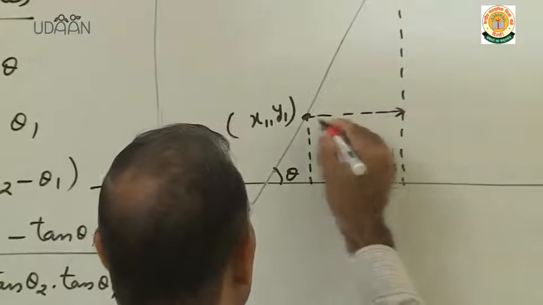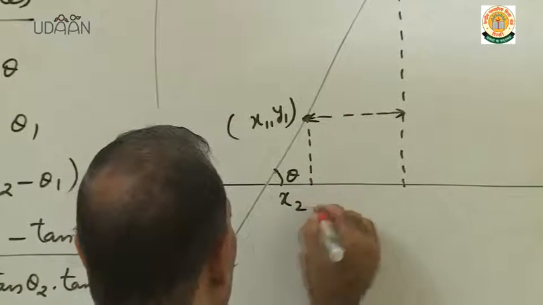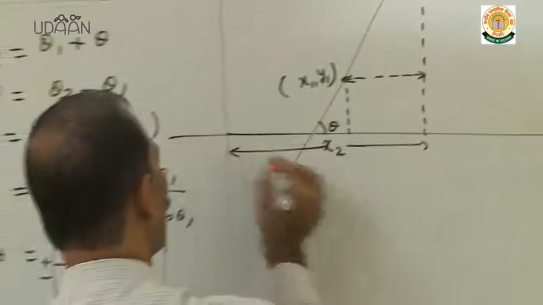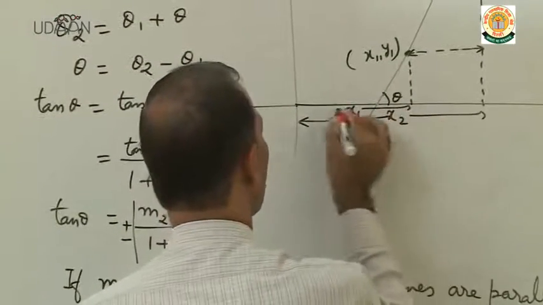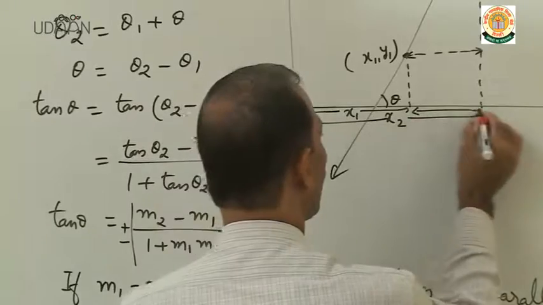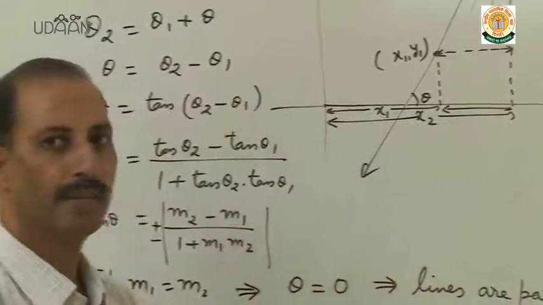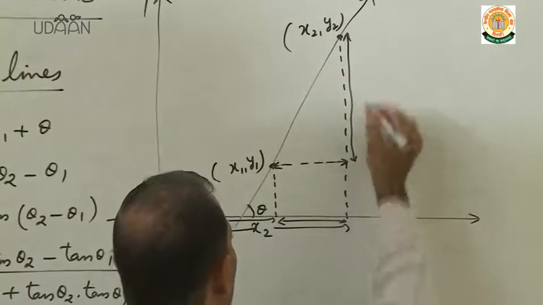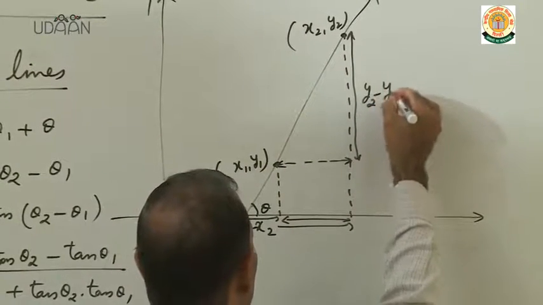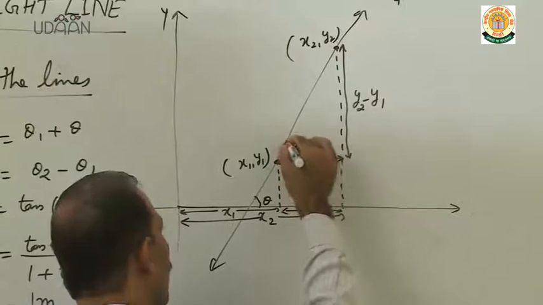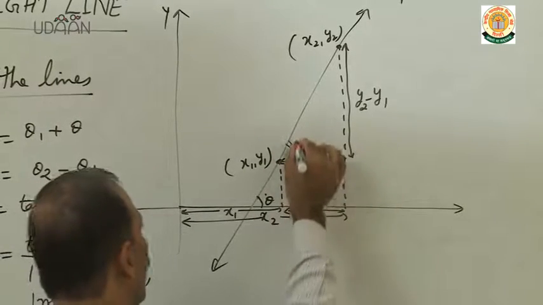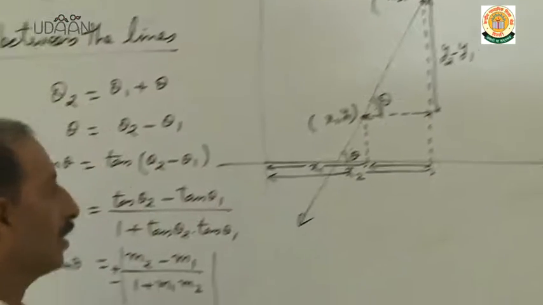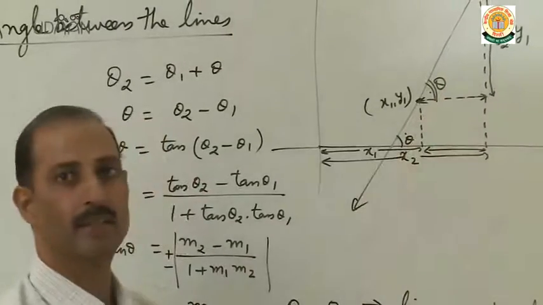You already know this length is x2 and this length is x1, so this length will be x2 minus x1. In the same way you can find this length also, that is y2 minus y1.